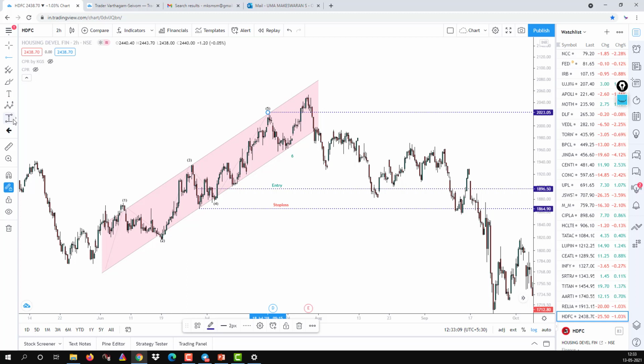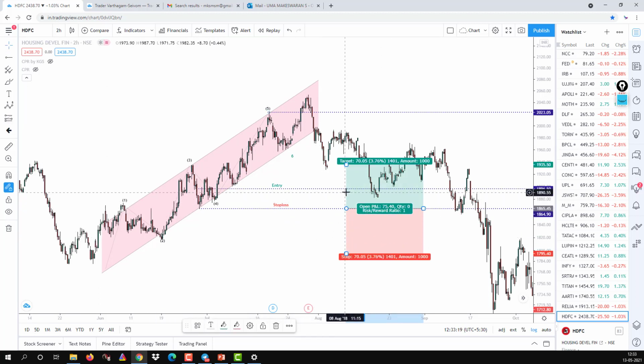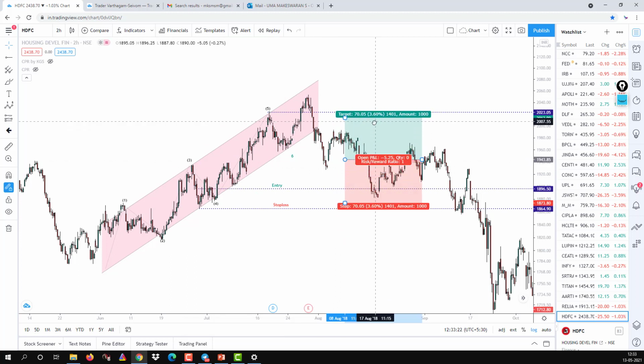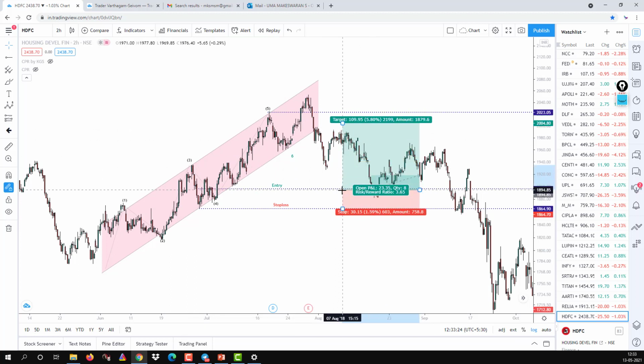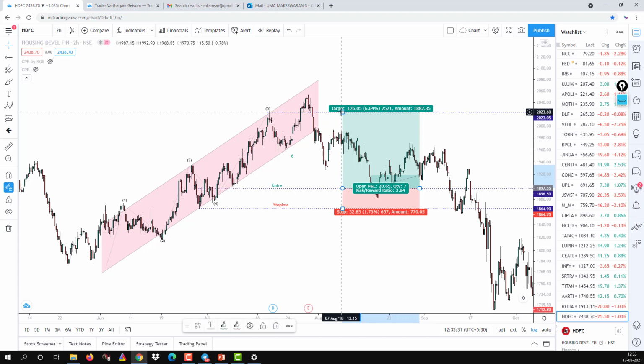So what is the risk reward ratio here? Here your risk reward ratio is 1:3.84.